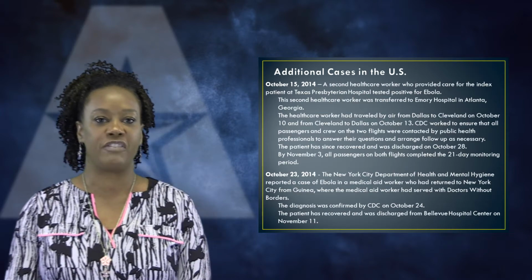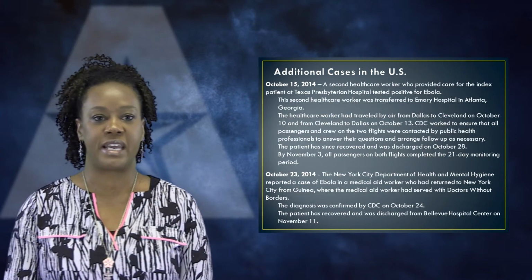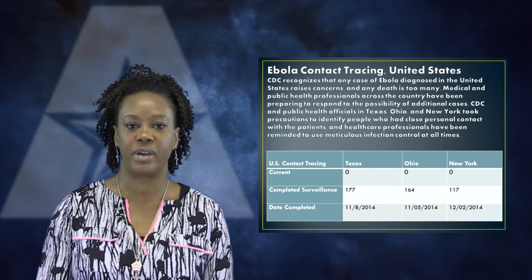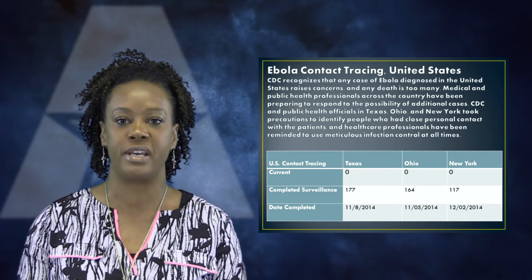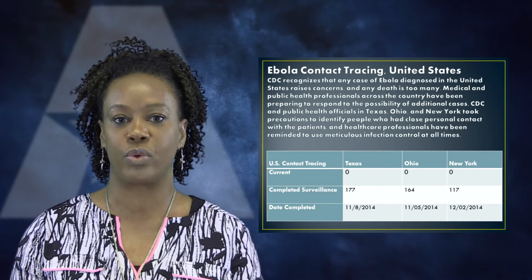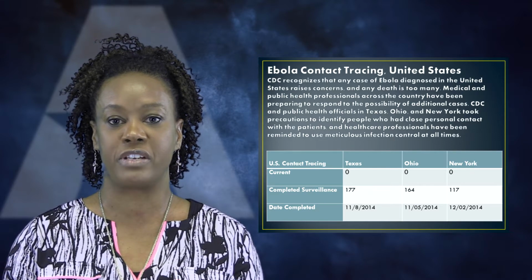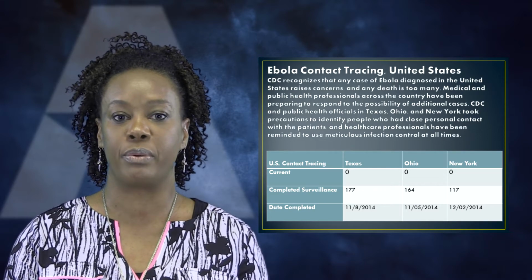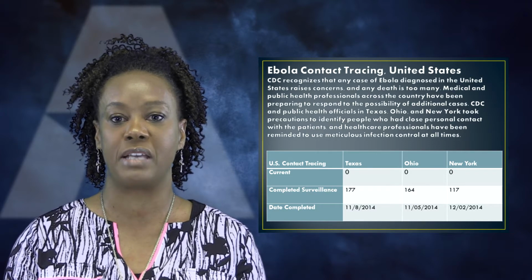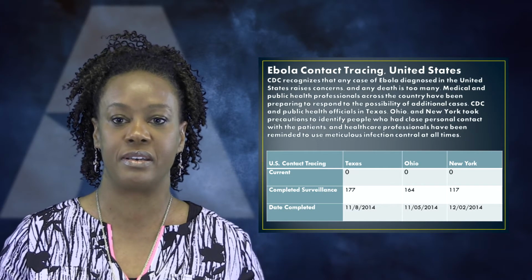Some tracing of Ebola contacts in the United States. CDC recognized that any case of Ebola diagnosed in the United States raises concerns. Medical and public health professionals across the country have been prepared to respond to the possibilities of additional cases.